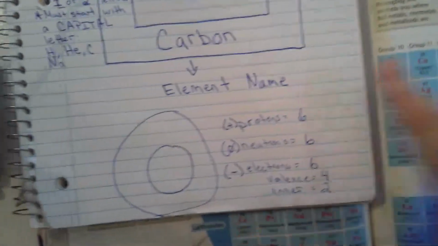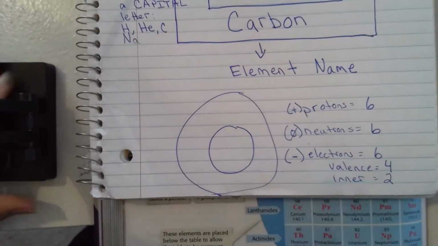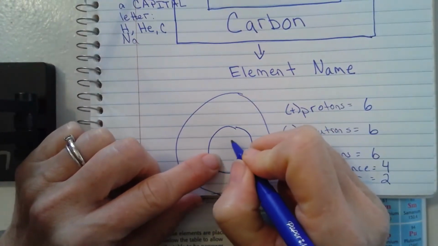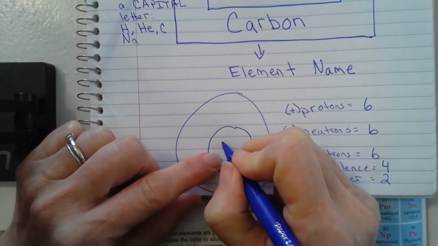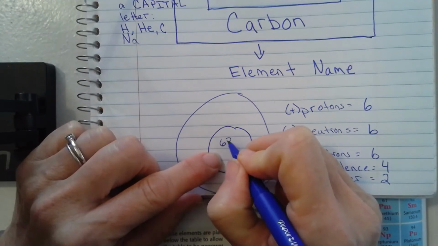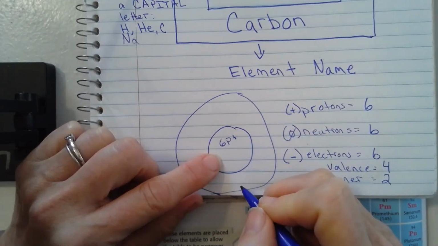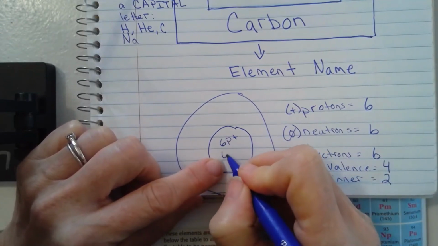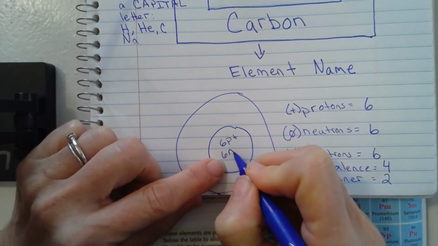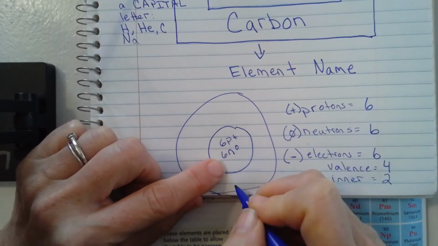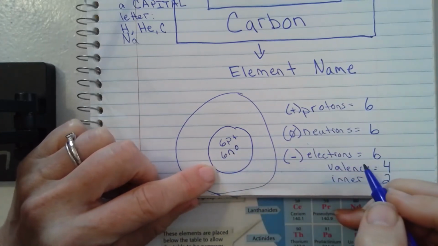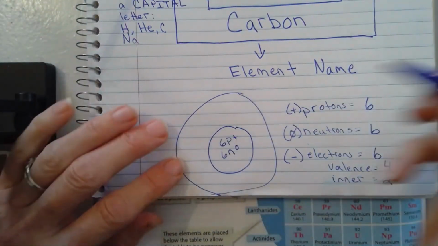So now let's draw it. Protons, neutrons in the middle. So my protons, I'm not going to do the 6 plus signs. I'm just going to go 6 protons positive. Protons, neutrons in the middle, that makes up my mass. So I have 6 neutrons with no charge. My valence electrons, those are on the very outside.